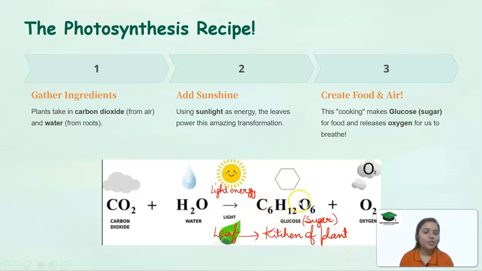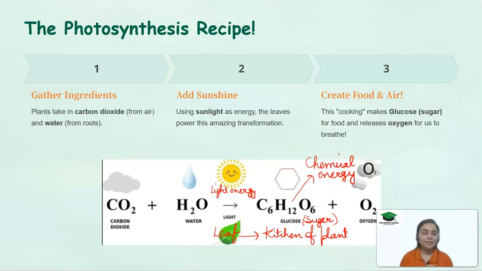This is C6H12O6, and in this glucose, the chemical energy is stored. Energy is stored in this chemical compound. That is how we can say the light energy gets changed into chemical energy.